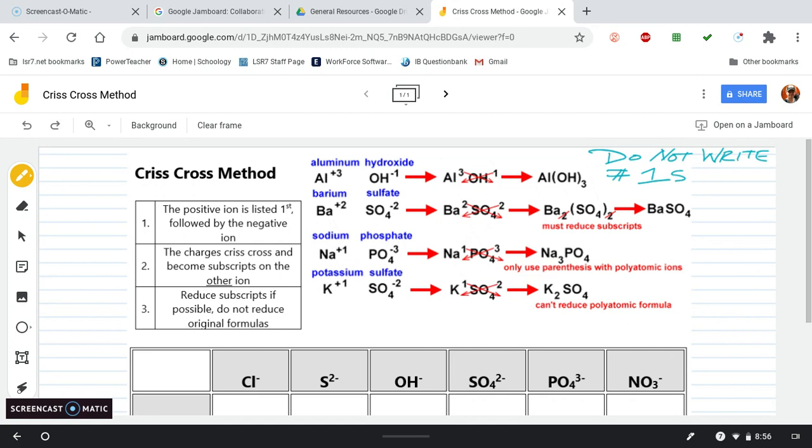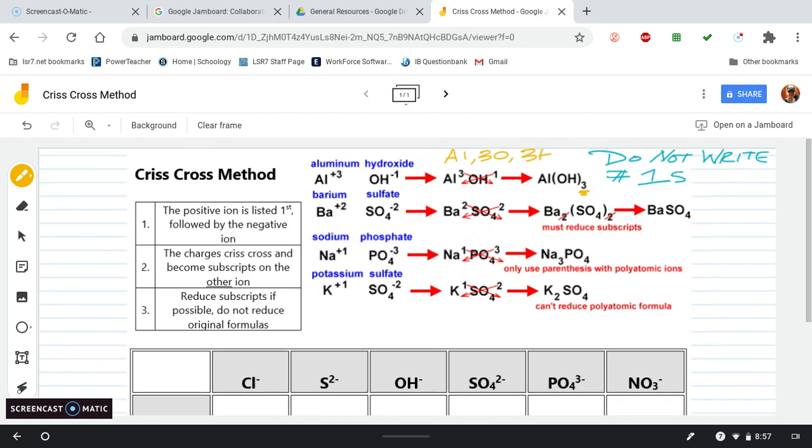When we look at this one right here, this 3 means that you have an aluminum, you have 3 O's, and you have 3 H's.